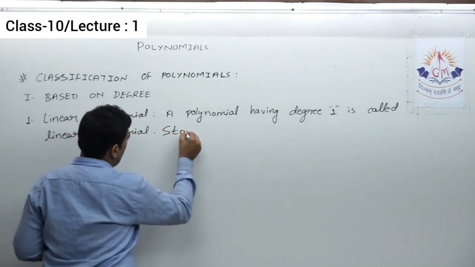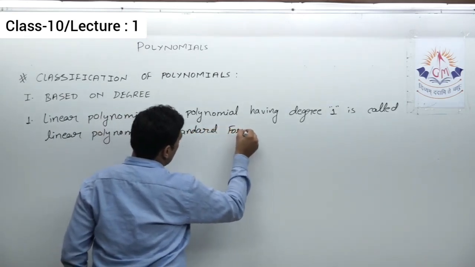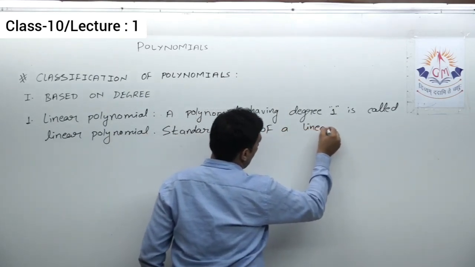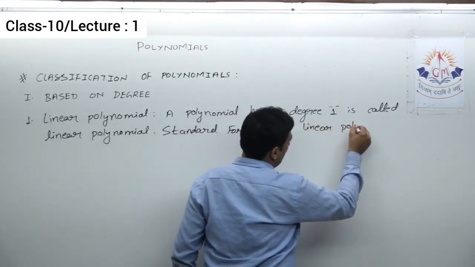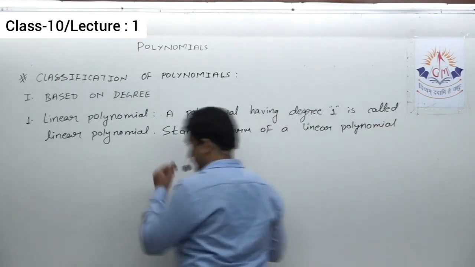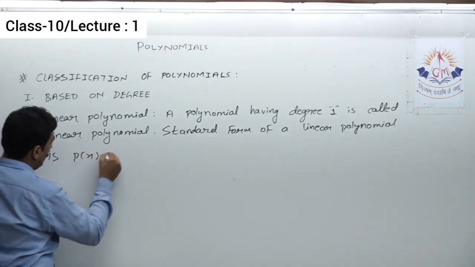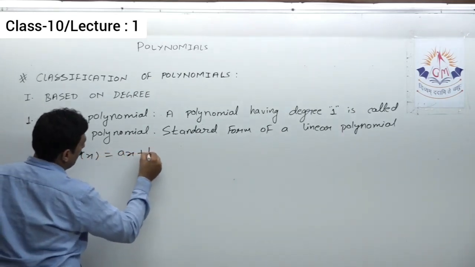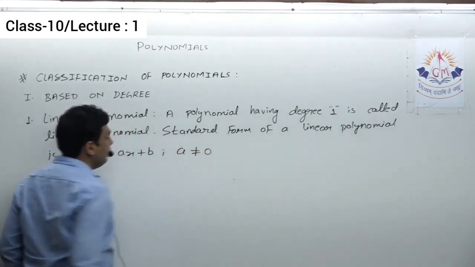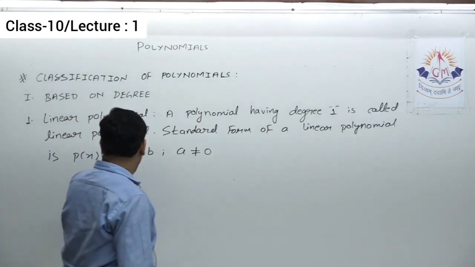Standard form or general form of a linear polynomial is p(x) is equal to ax plus b, where a should not be equal to 0. This is the standard form of the linear polynomial.